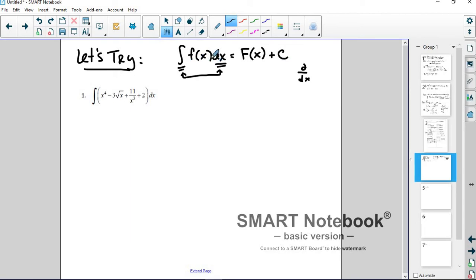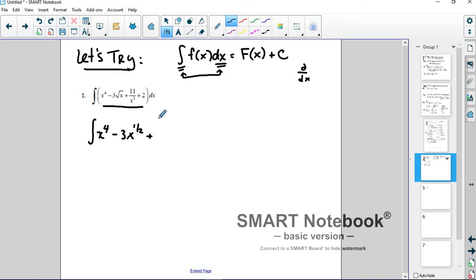Okay. Now, just like when we were doing derivatives, there are times where algebraic simplification of the integrand, that's what this function's called, is appropriate. And so in this case, we're going to want to do that. We don't have an antiderivative rule for square root of x, so we're going to change that to x to the 1/2 power.